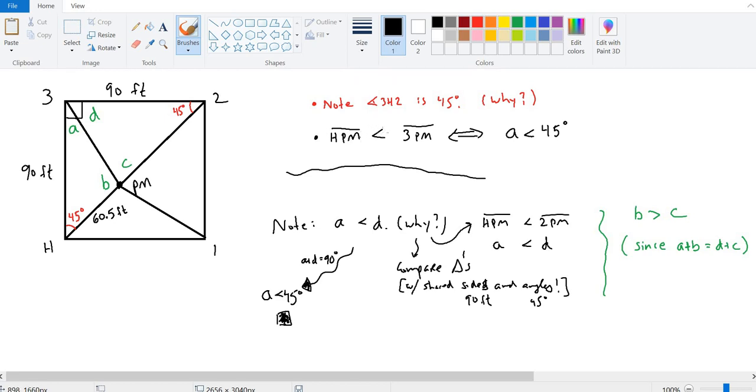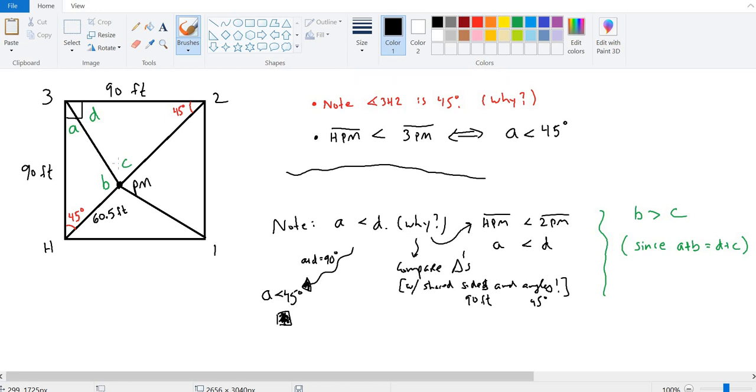Those are drawn in red. Another thing to note is that the distance from home to the pitcher's mound is less than the distance from third base to the pitcher's mound. We're going to prove that by comparing angles.